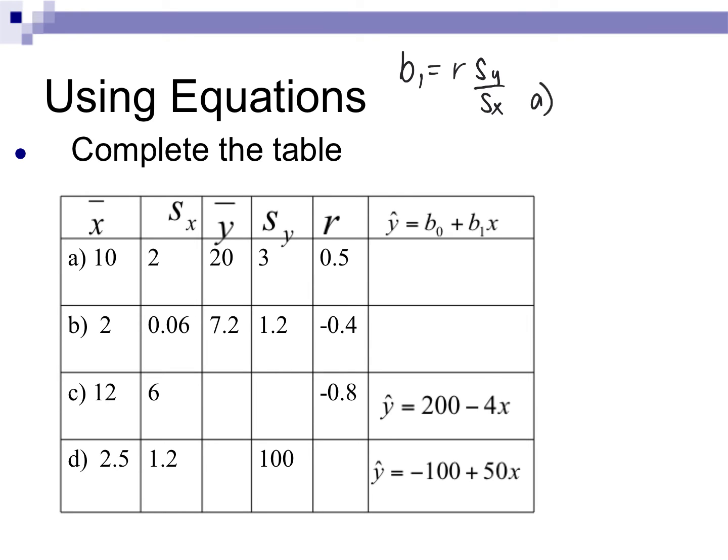For A, to find my slope, what is my R in A here? 0.5. Times my SY, which is 3, over SX, which is 2. So that's 3 times 0.5 is 1.5 divided by 2. 0.75 is my slope.